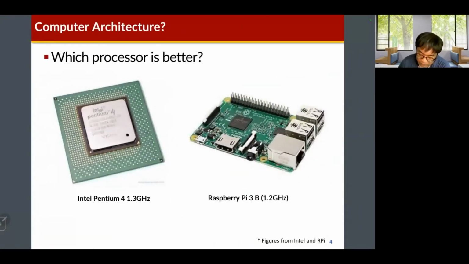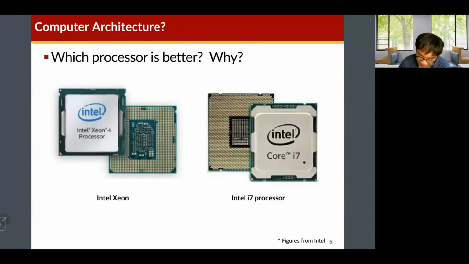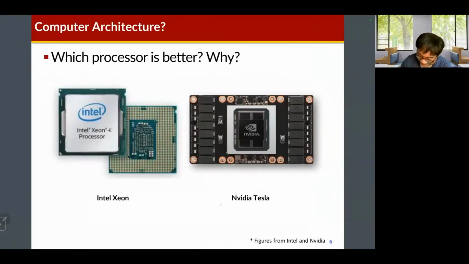So those are some questions I asked in the first class of this course: which processor is better? So you can answer why. It's a GPU, and why. So I believe now you can explain.